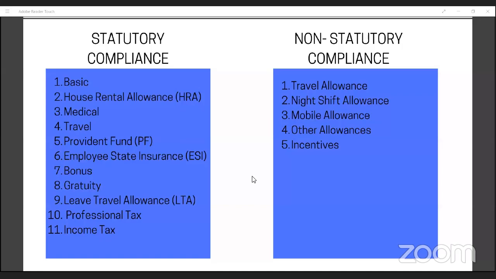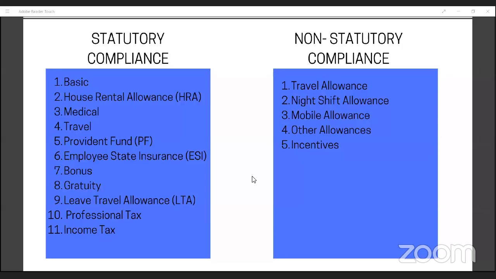I think we also have this confusion, because the employers will make us feel that bonus is something which is given as a benefit, but technically speaking, it is a statutory compliance, which means you have to pay bonus. That is mandatory. It comes as a part of benefit, but technically no, because there is a Payment of Bonus Act which governs bonus.